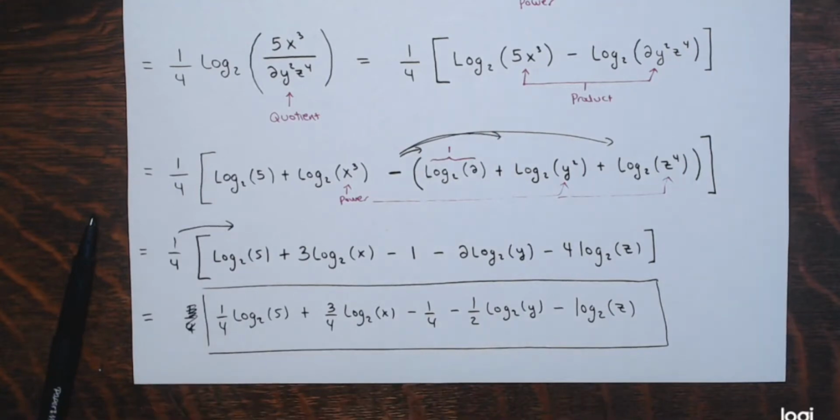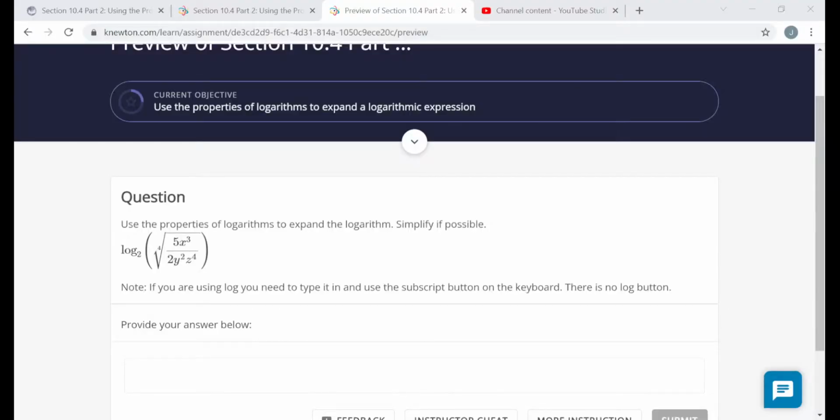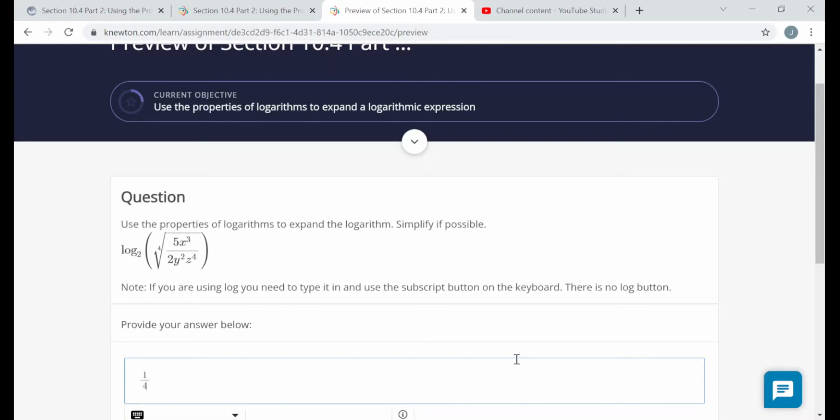All right, so back in the assignment, I am entering 1/4 times the log base 2. Don't forget the subscripts, don't forget your bases. Oops.